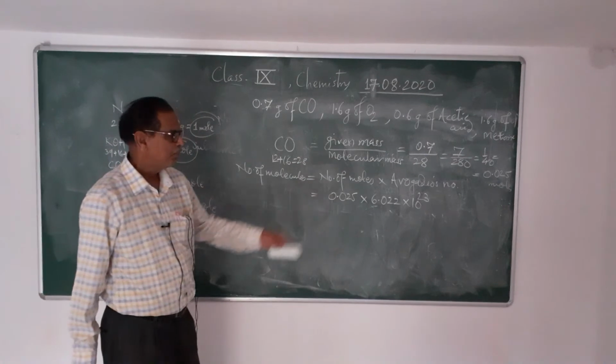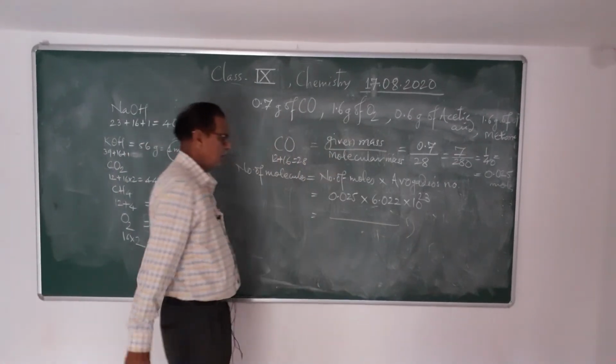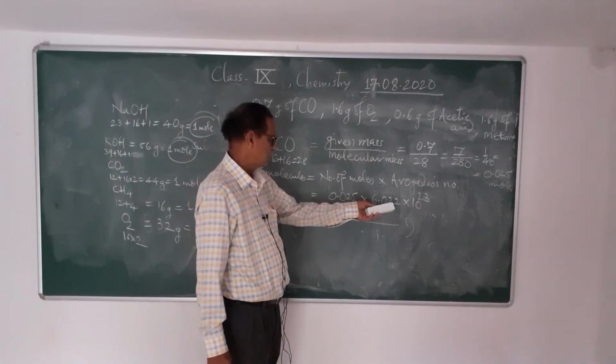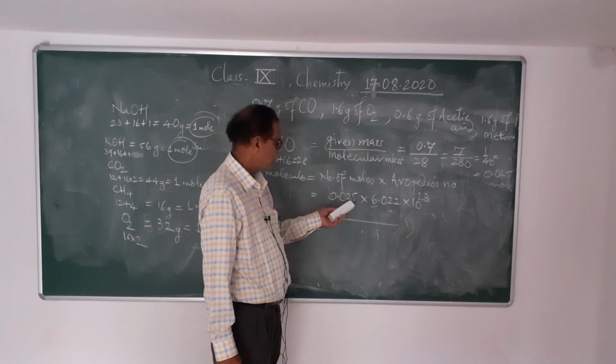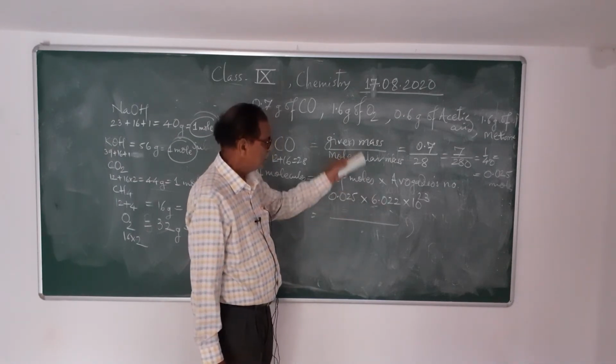Now multiply and solve. What is the answer? Multiply 0.025 into 6.022 and you can easily solve.